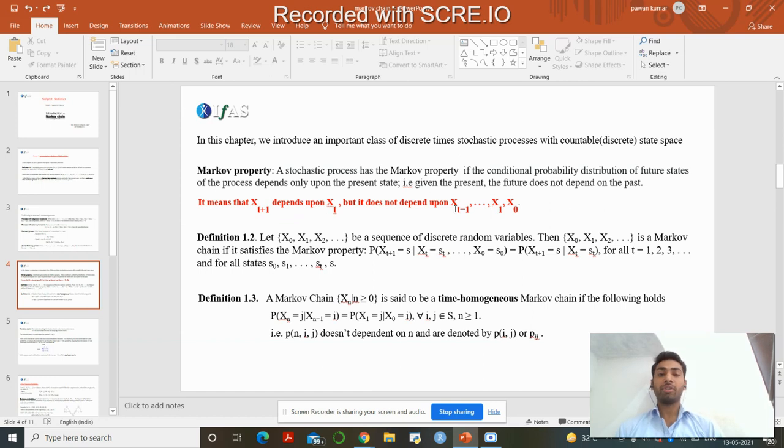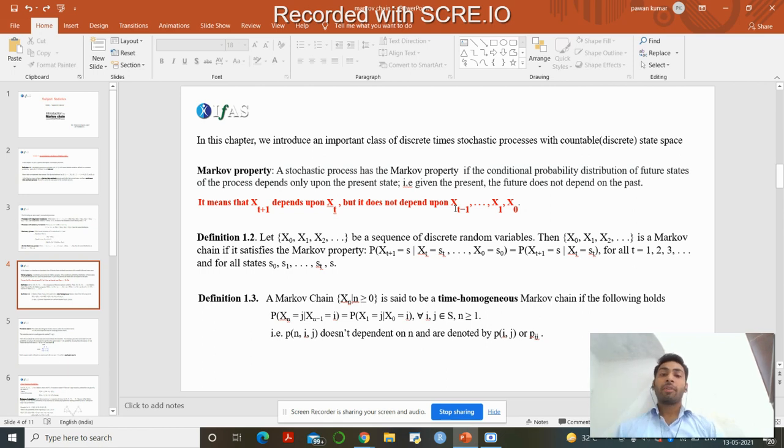It does not depend on past values, it depends only on the present value, which is x t. So I hope it's clear what the Markov property is. The Markov property is that the future state depends only on the present value, not on past values.